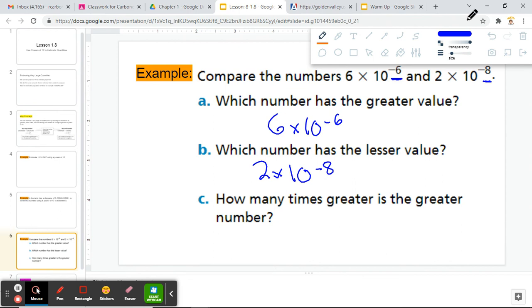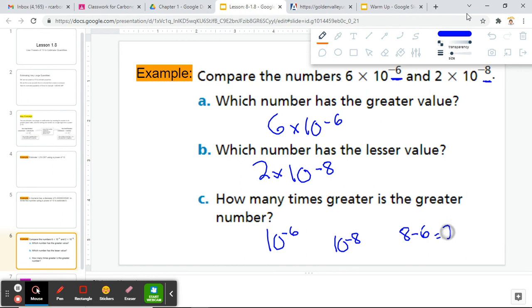And then how many times greater is the other number? Well, we're looking at the difference between 10 to the negative 6 and 10 to the negative 8. The way we would find that is we would do 8 minus 6. We're just going to subtract the exponents.